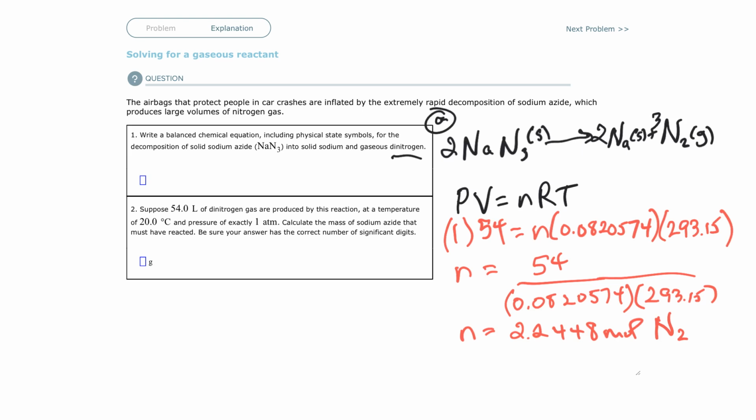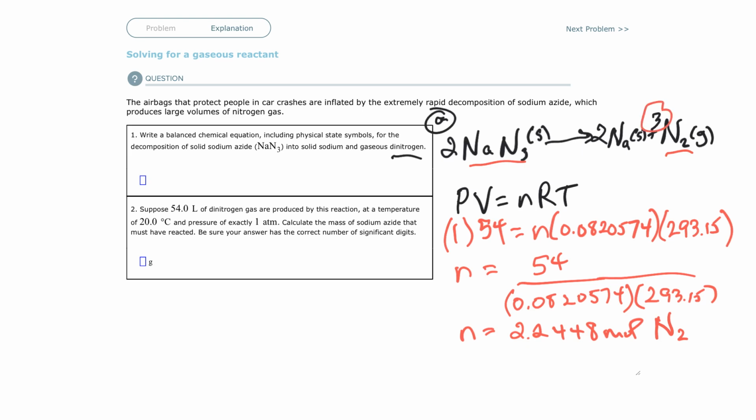Now I can go back into the balanced equation where we've got nitrogen and we want to know the sodium azide. So I'm going to do a ratio.